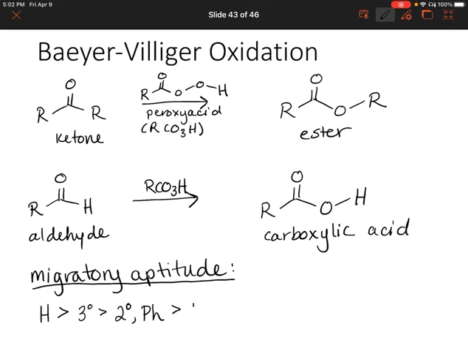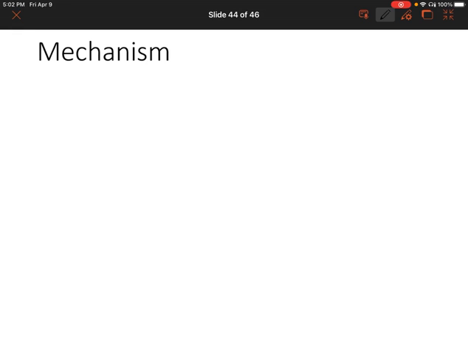And then those will rank higher than primary carbons, which will rank higher than methyl carbons. So just something to keep in mind. Now let's talk about why it's called migratory aptitude. So let's go over the mechanism for this reaction.